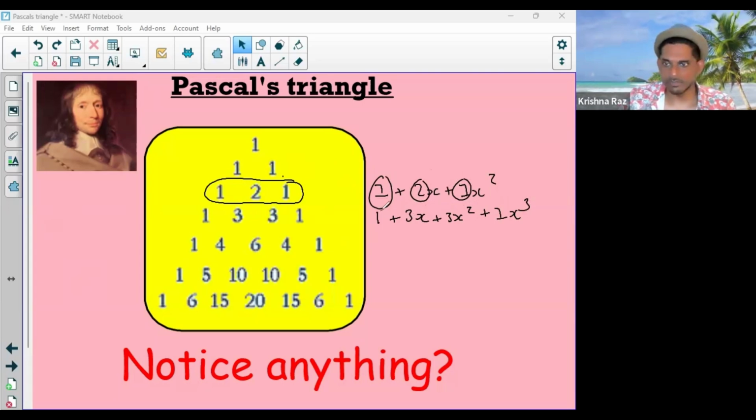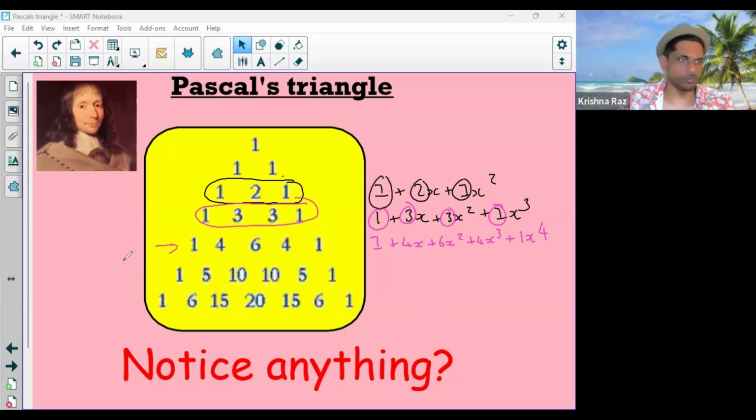Just notice again, as if by magic, they match these. So if we had to predict the next one, you'd be right in thinking, if you bother to expand them all, we got 1 plus 4x plus 6x squared plus 4x cubed plus 1x to the power 4.